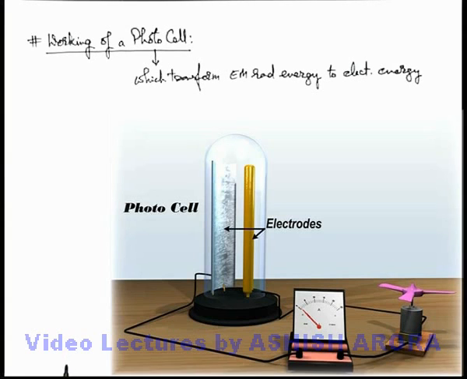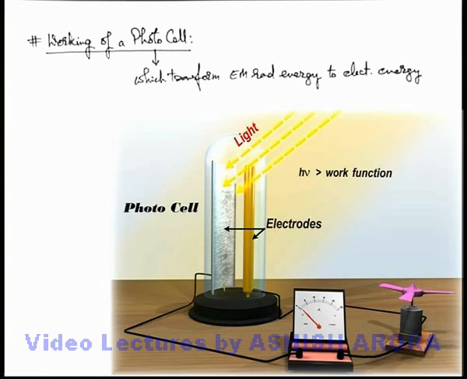Now here you can see when a radiation energy incident on the cylindrical electrode inside the glass cylinder, if the incident radiation energy h nu is more than the work function of the cylindrical electrode, electrons will start emitting out due to the concept of photoelectric effect. Here these electrons are absorbed by the other electrode, which is in the shape of a rod, and a continuous flow of electrons take place.